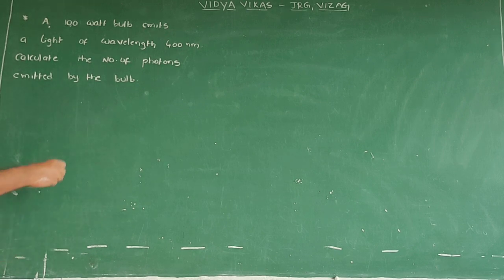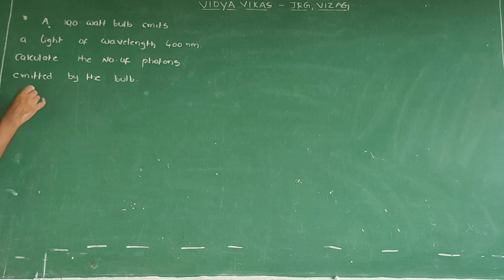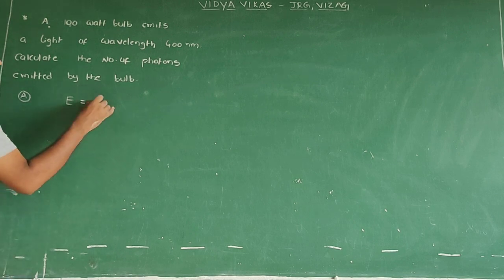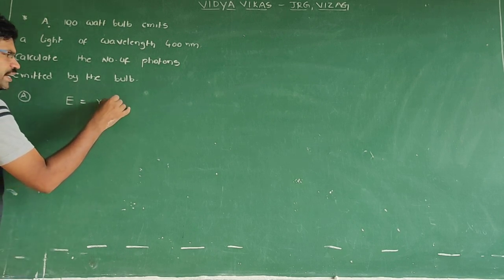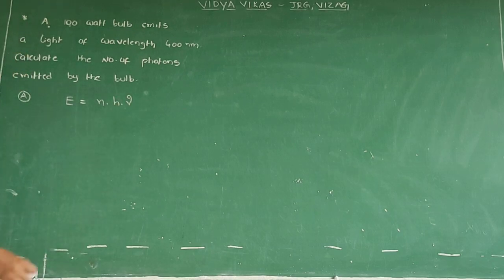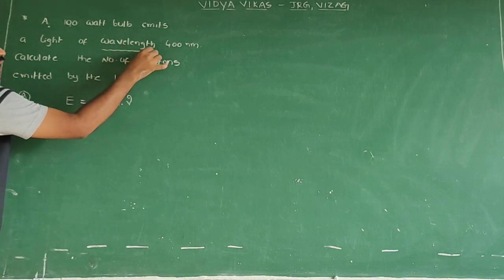And once again, students, when we come to our formula, energy of emitted light radiation is equal to N into h into nu. But we have wavelength, keep in mind.